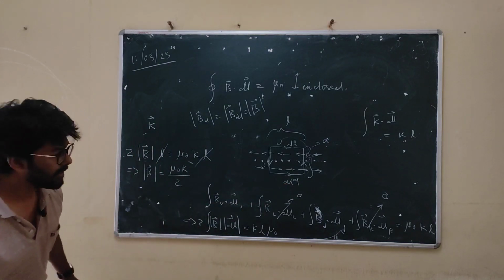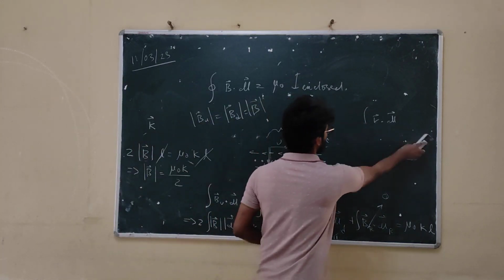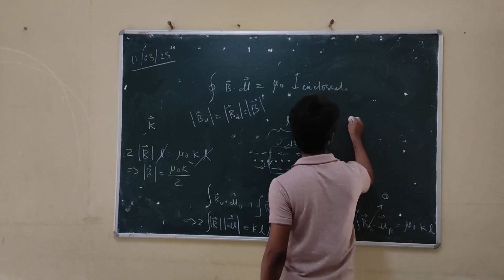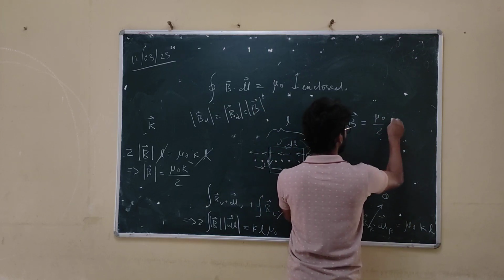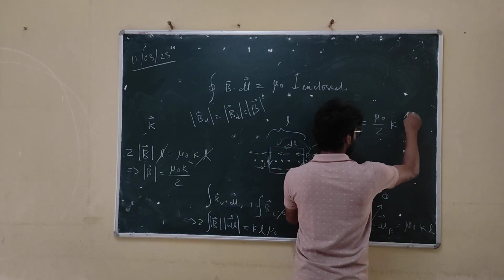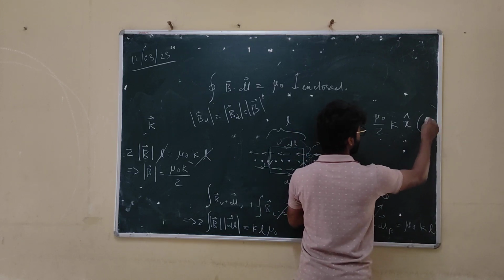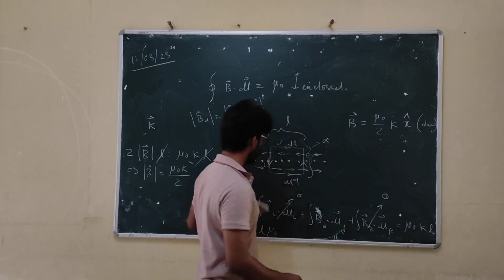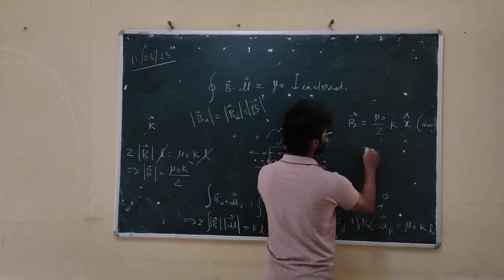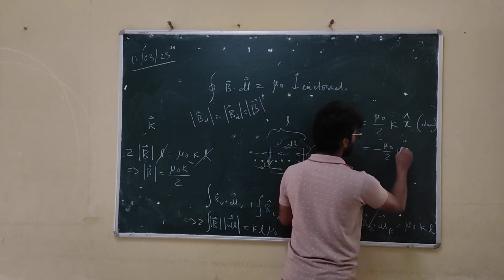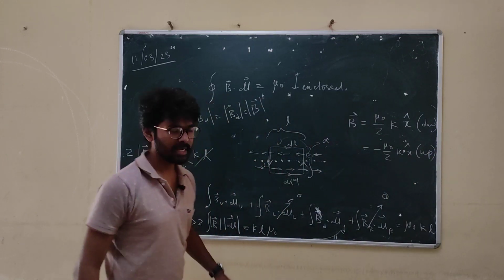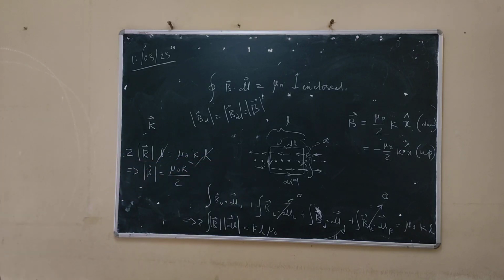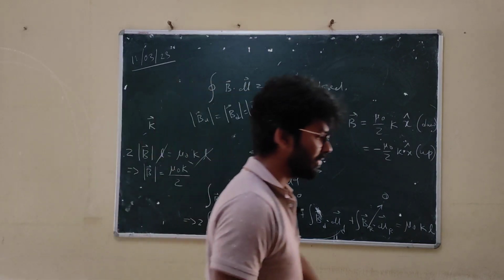So basically we can write B equal to mu naught by 2 k x cap hobo if down, right, aru minus mu naught by 2 k x cap hobo jodi up hoy current. Jodi enekwa flow kore then. So that's it, easily we did it; using Biot-Savart's law it will be difficult.